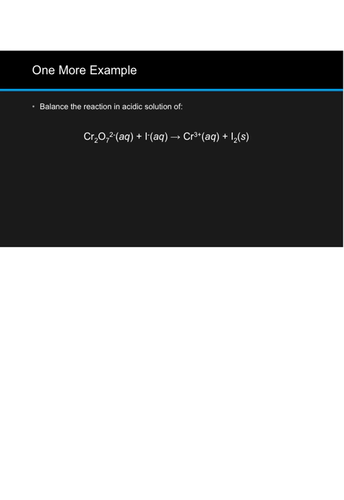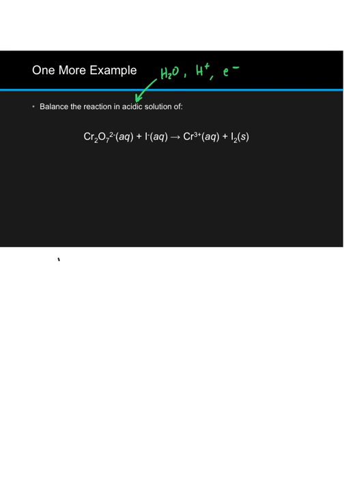So once more, recall that in acidic solution, there are three major species that we can take advantage of for the purposes of balancing a redox reaction: water molecules, hydrogen cations, and electrons. We can split our redox reaction into two half reactions.